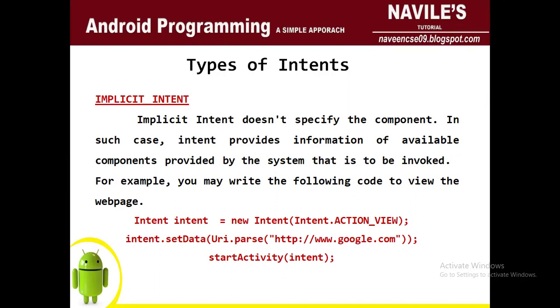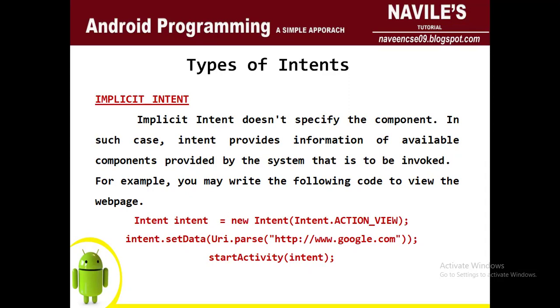Here, the component is not specified. Whenever data is parsed, the application will decide which other application or component supports this google.com. So by default, a browser will be opened by your application. We have not specified that a browser needs to be opened in your intent. Your application is going to decide based on your URL.